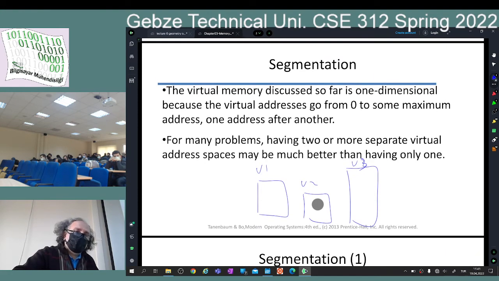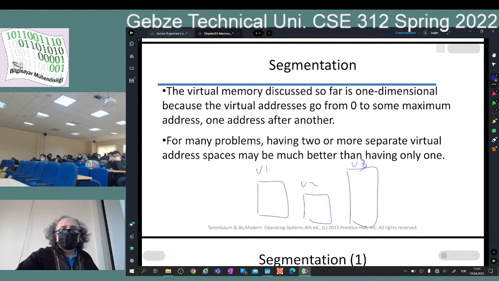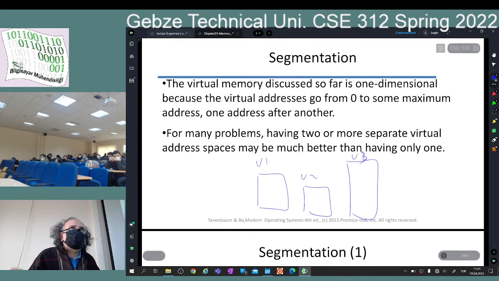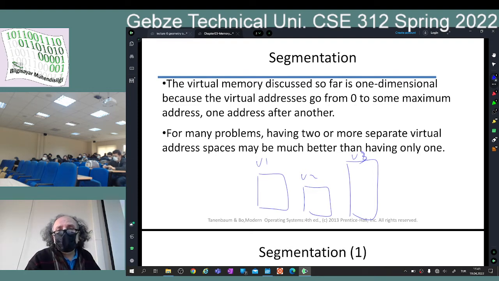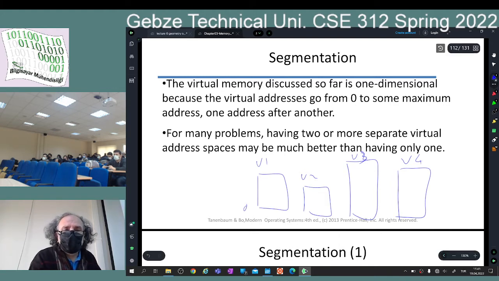I am going to keep my large data here. In V3, I am going to keep my specialized procedures, shared procedures. Then V4 will have some kind of other special data. And each one will start from 0 to some number, 0 to some number, 0 to some number.